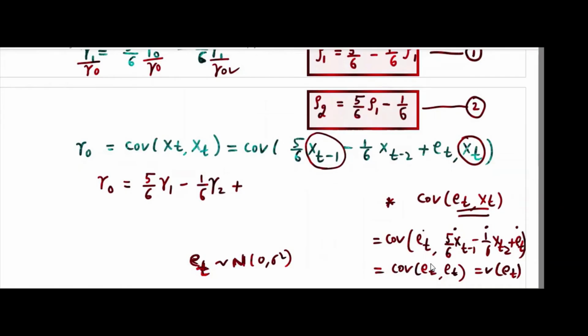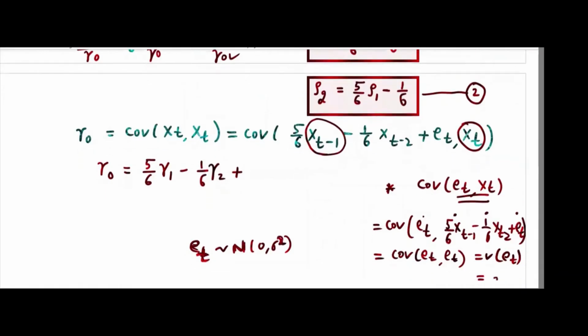With this assumption, we are doing everything. Now this will be sigma square, variance of e_t. Expectation of all the errors is 0, variance sigma square. So you will get 1 sigma square term extra here.